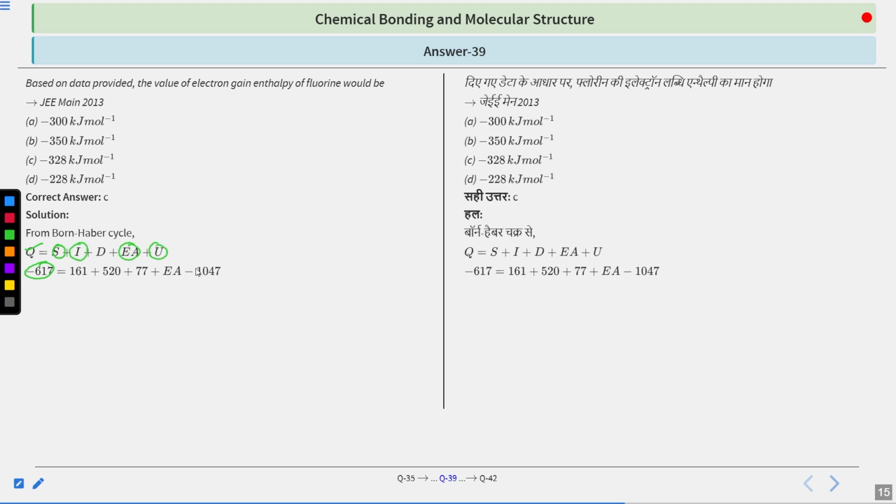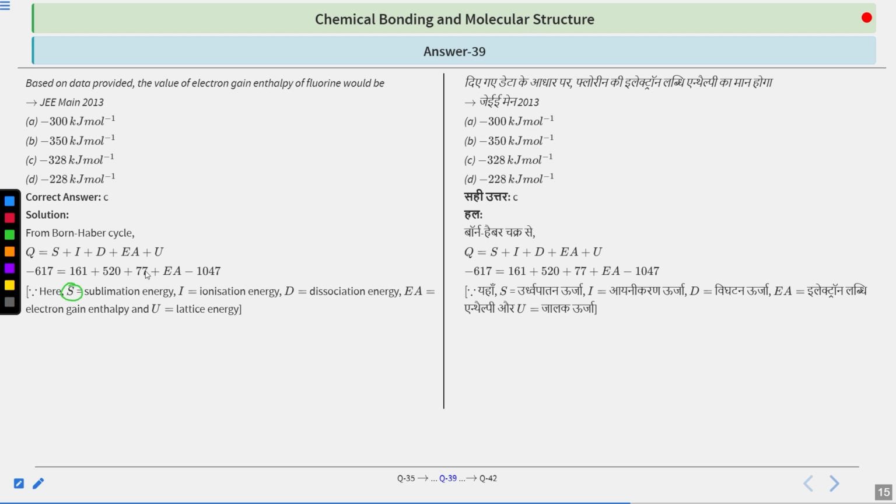All of these are given, right? If you put all these values, it will equal minus 617. See, in the last equation there is a complete reaction, and in the previous reactions there is a series of reactions which you can go through to reach the last one. So the summation of all of those equals this, that is the formation of LiF from Li solid and half F2 gas.